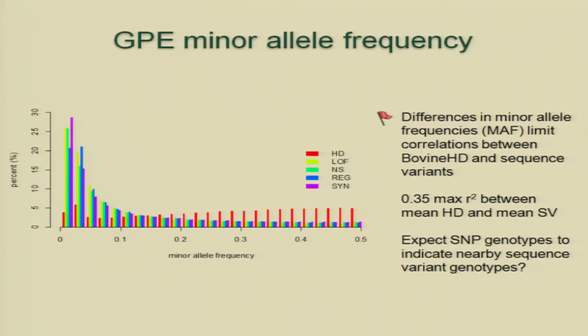Then what really raised the red flag with me was that from some of our sequence data, we see quite different distributions of allele frequency. The SNPs on the high density chip are generally moderate to high frequency, whereas most of our sequence variants have low minor allele frequencies.